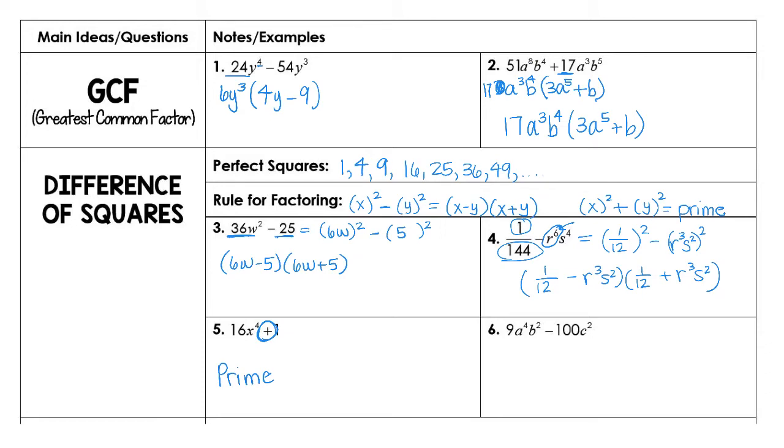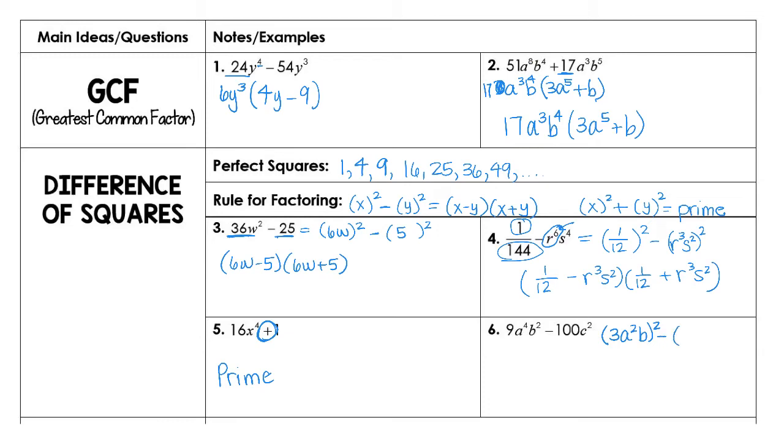Okay, y'all try number 6 on your own, and then I will write in the answer. All right, so let's see. What is being squared in our first part? We've got 3, a squared, and b. All of that's being squared. Is that okay?